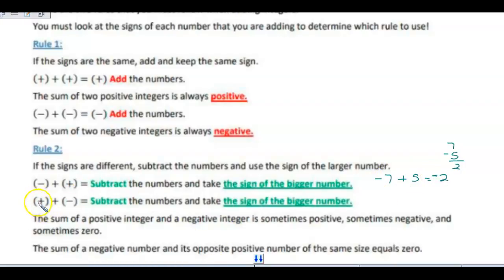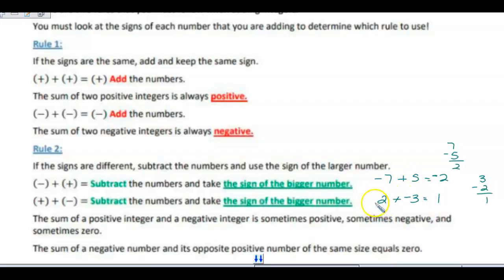In this case, I have a positive plus a negative. We're going to again subtract the numbers and then take the sign of the bigger number. So say I have 2 plus -3. I'm going to take 2 and -3. The absolute values are 3 and 2. I'm going to subtract those two and get 1. To know if this is a positive or a negative, I would need to see how many I have.